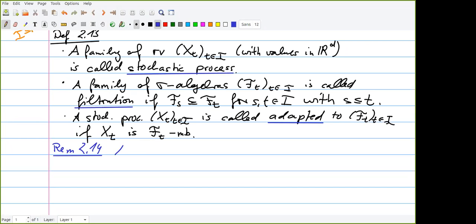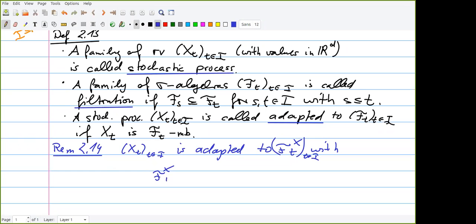So if we take a stochastic process X, it is adapted to F^X, where F^X_t is defined as the sigma algebra generated by this process, taking all s up to t.